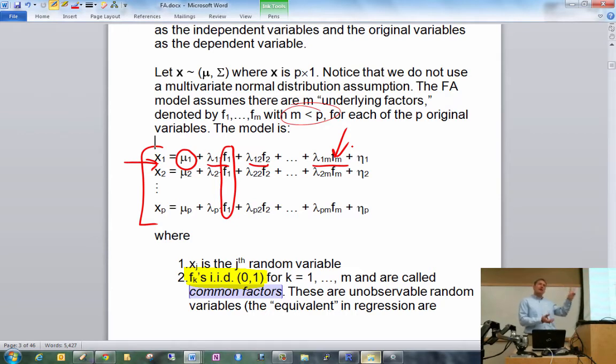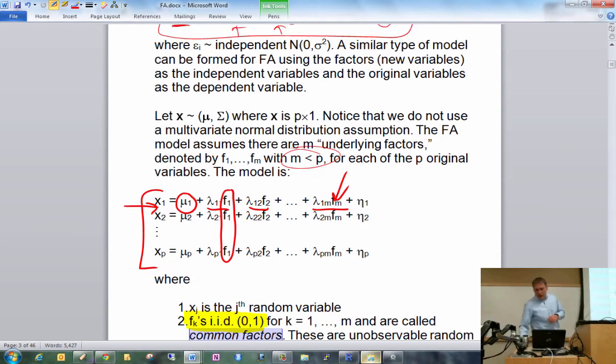And what this is saying, too, is that our data can be represented in 2 dimensions, essentially, even though we might measure p different original variables represented by these x's. Okay, so the goal is hopefully to find some set of common factors that explain a lot of the information that's in your original data. And hopefully it's just a few common factors that are needed to do that.